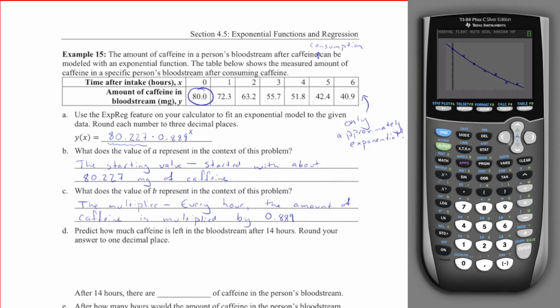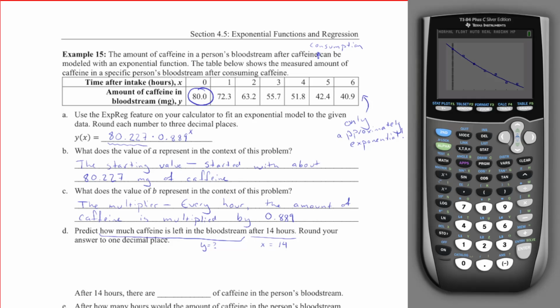We can use our equation to predict the amount of caffeine in the person's bloodstream after various amounts of time. So, for example, after 14 hours, how much caffeine is left in the bloodstream? That's asking us for y. After 14 hours, that's telling us x equals 14.